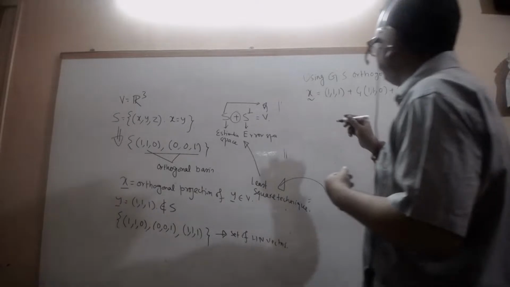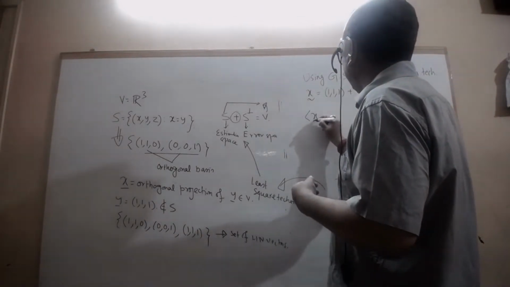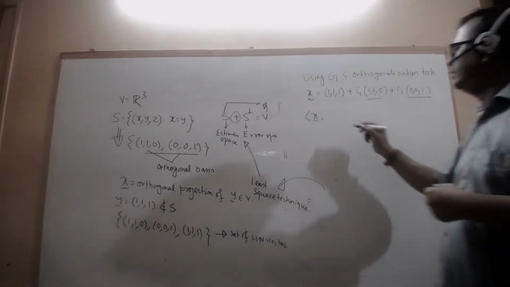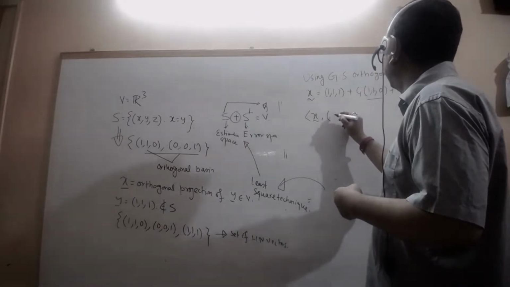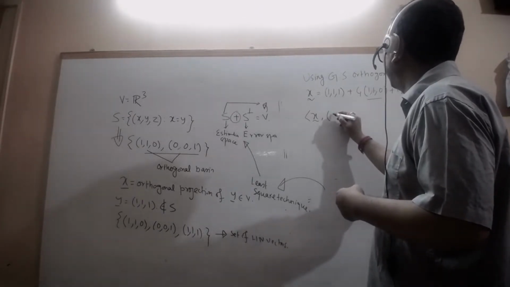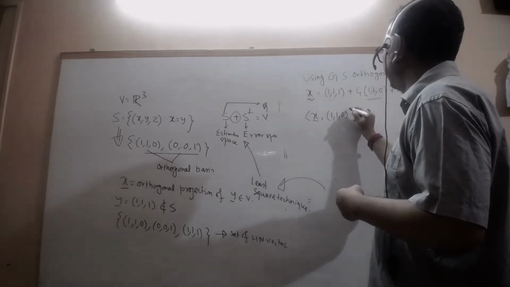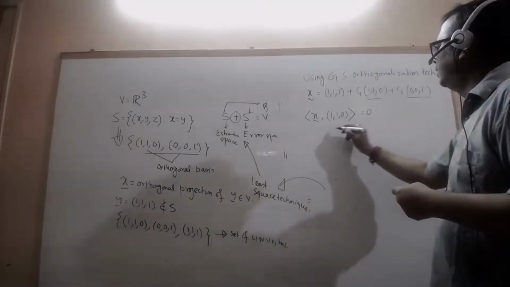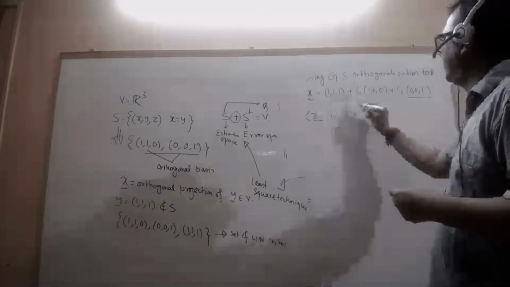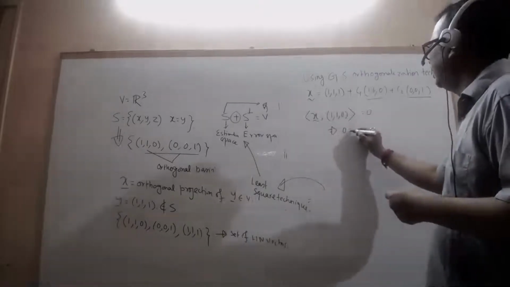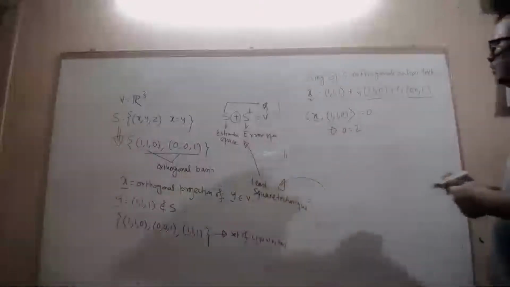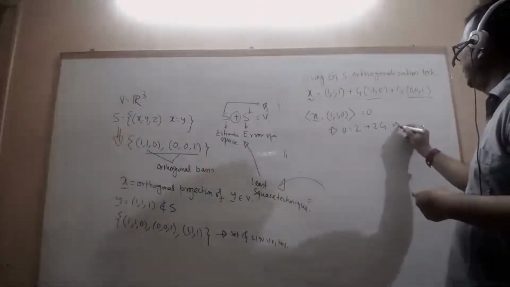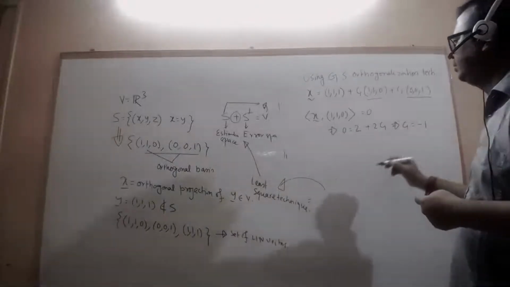Now see that this x-cap is orthogonal to these two vectors. If the scalar product is zero, this implies 0 equals 2 plus 2c1, so c1 equals minus 1.